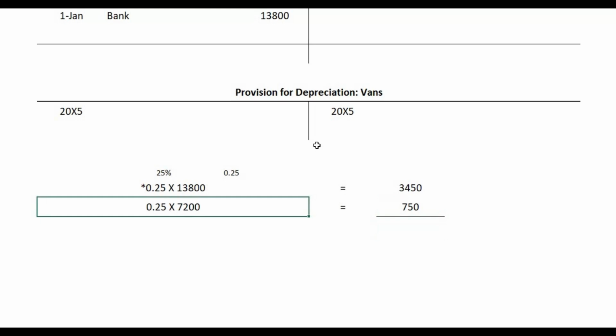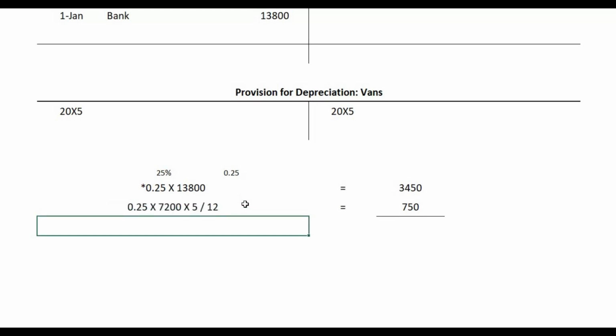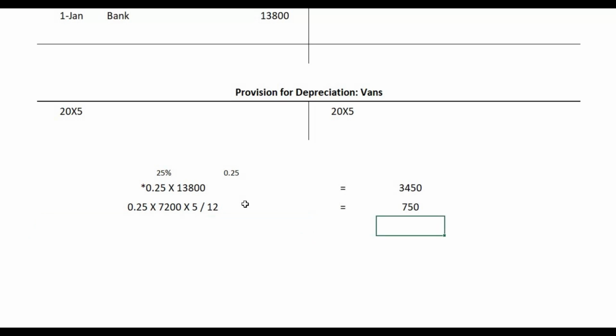If I have to write this over here, we can simply write this in the form of multiply by 5 divided by 12. This is how you can write this. Now add all three vans' costs, we get our provision for depreciation. Now we simply have to add these two.